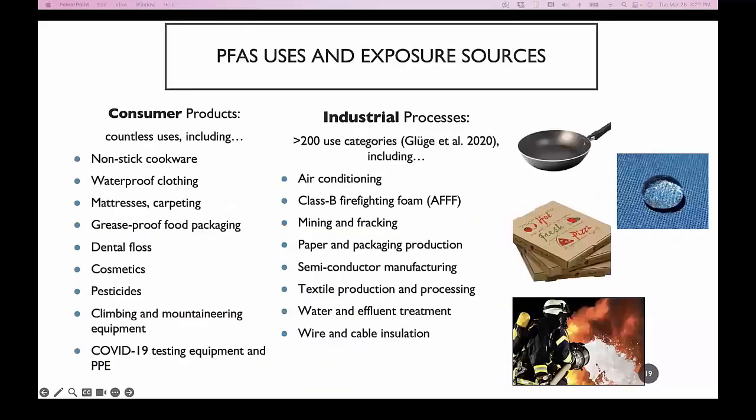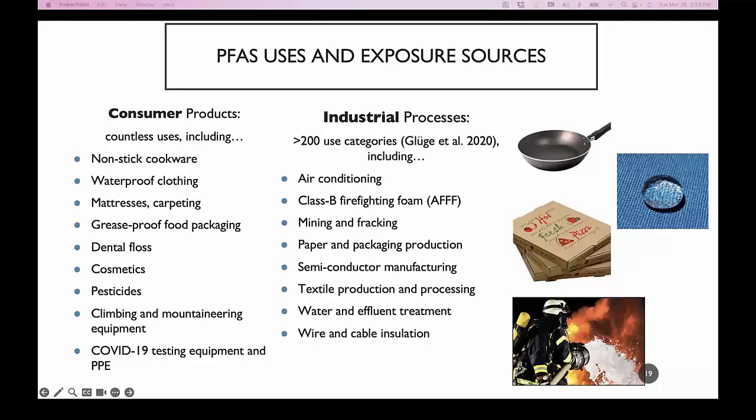PFAS are also very widely used in different industrial processes, including things like metal plating. They're used as surfactants for mining and fracking operations. They are used in all types of product production uses, and they are used in a particular type of firefighting foam, Class B foams, which are used to extinguish flammable fuel fires.